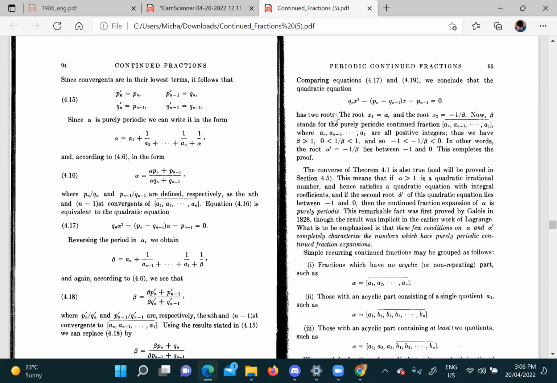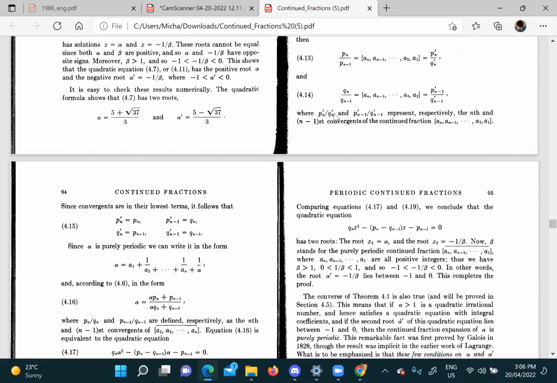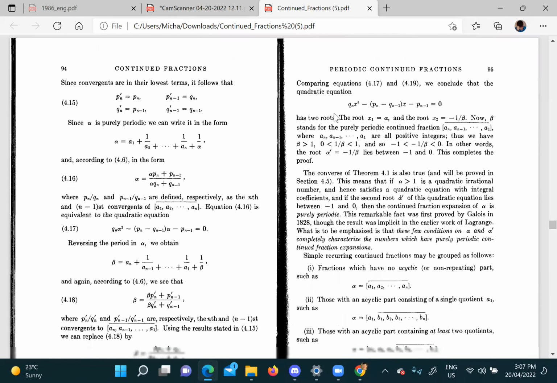The left column is the first fraction and the second column is the second. So Pn equals Pn prime, Pn minus 1 equals Qn prime, Qn equals Pn minus 1 prime, and Qn equals Qn minus 1 prime.